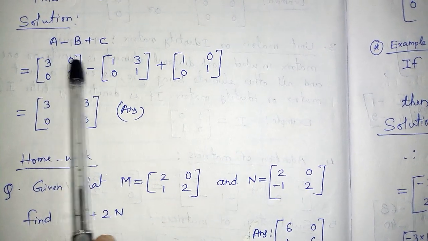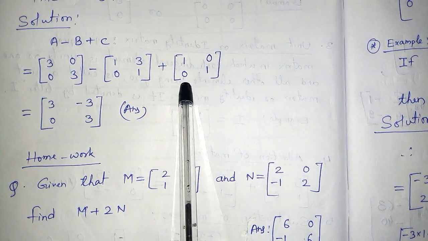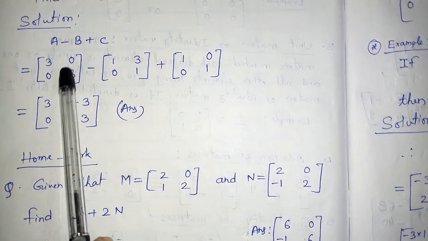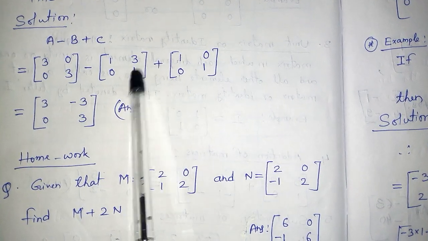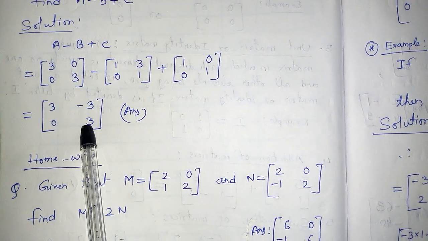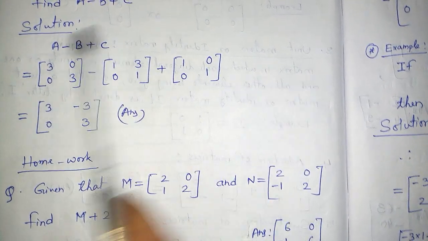Now 0 minus 0 is 0, and 0 plus 0 is 0. Now 3 minus 1 is 2, and that 2 plus 1 is 3. That means I am doing addition and subtraction at a time.